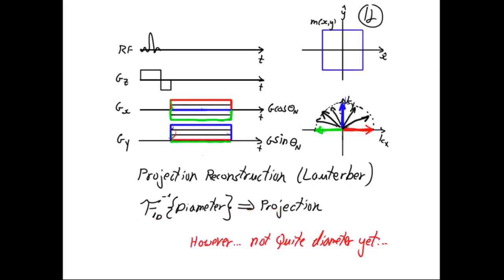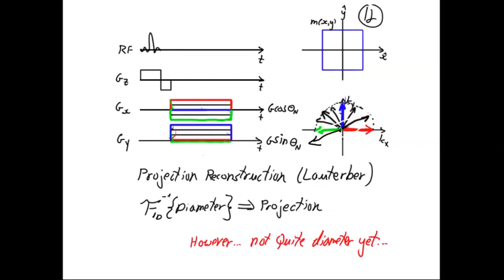So I could potentially collect these projections and then perform what's called a back projection, the same mathematics as CT, in order to reconstruct the object. Now, each one of these is not exactly a diameter, but maybe you can say this one plus this one is a diameter. And this one, I can also collect another one over here. And I can use this whole thing over here as a diameter, right? So then I could do that.